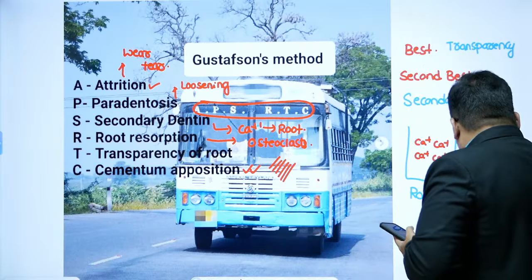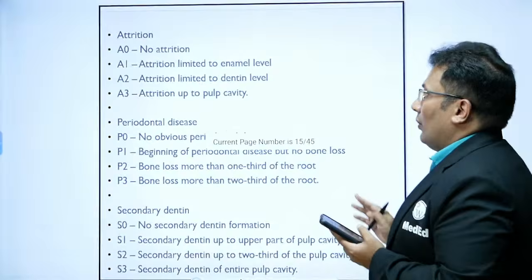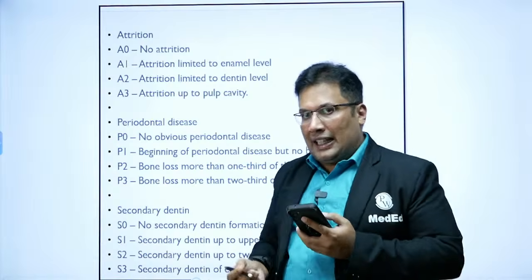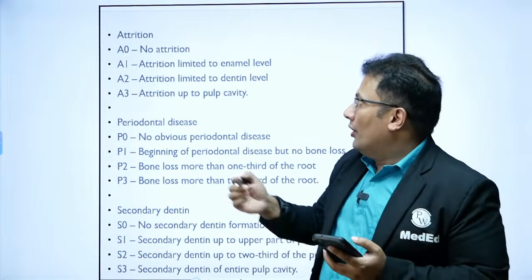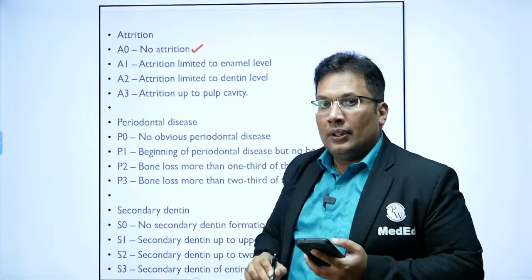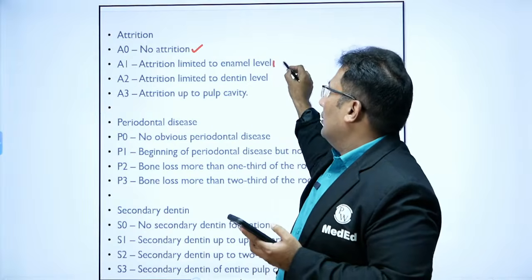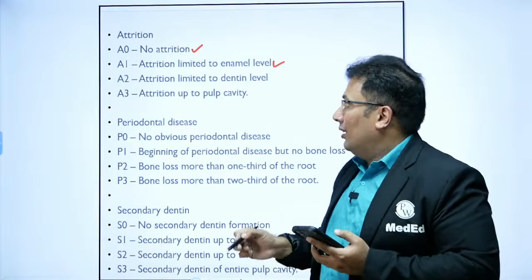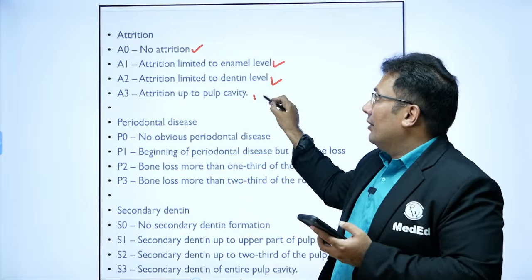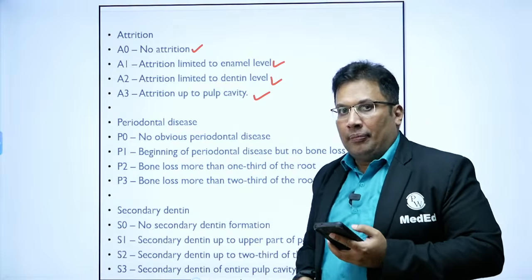Now again, in exam you need to write like this, especially in university exam to get distinction marks. So attrition: A0 no attrition, A1 limited attrition, A2 limited to dentin level, A3 up to pulp cavity.